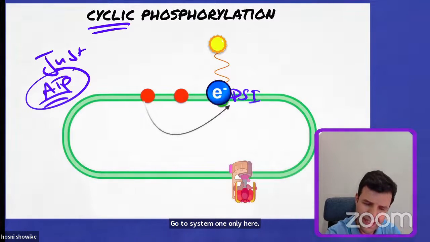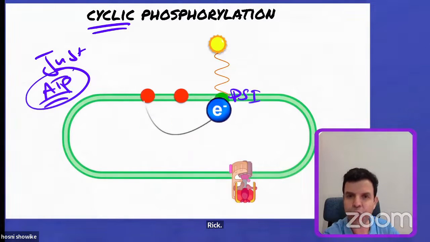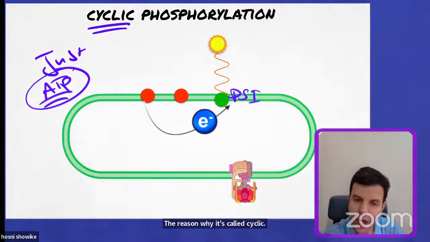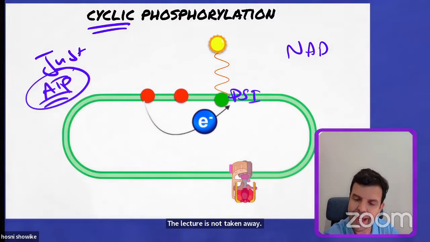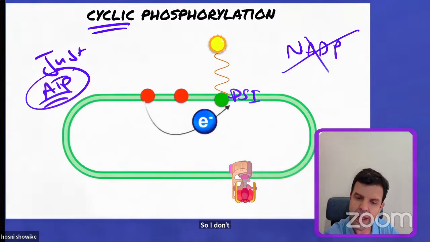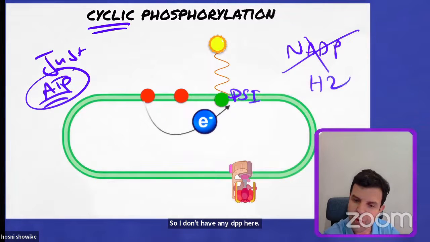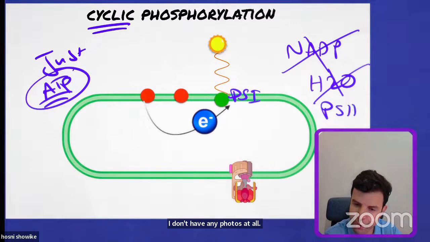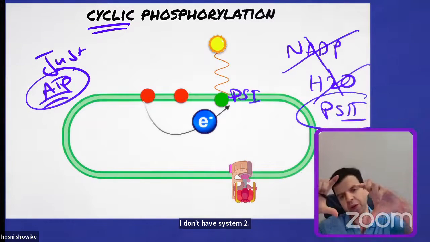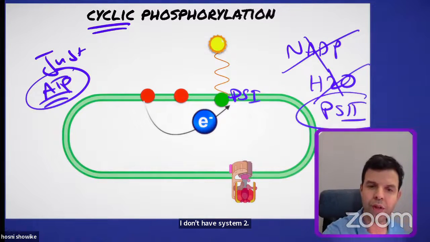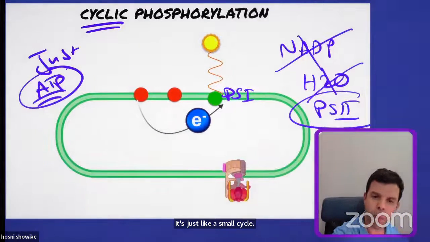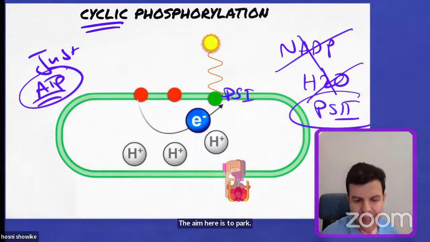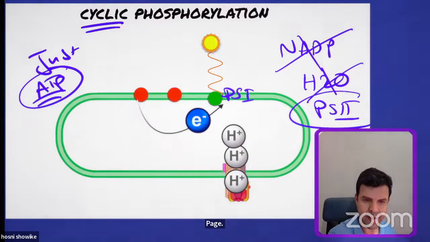So as you can see here, the reason why it's called cyclic, because the electron is not taken away. So I don't have NADPH here. I don't have any photolysis at all. I don't have photosystem 2. It's just like a small cycle whose aim is to do what? The aim here is to pack H plus inside and generate ATP.